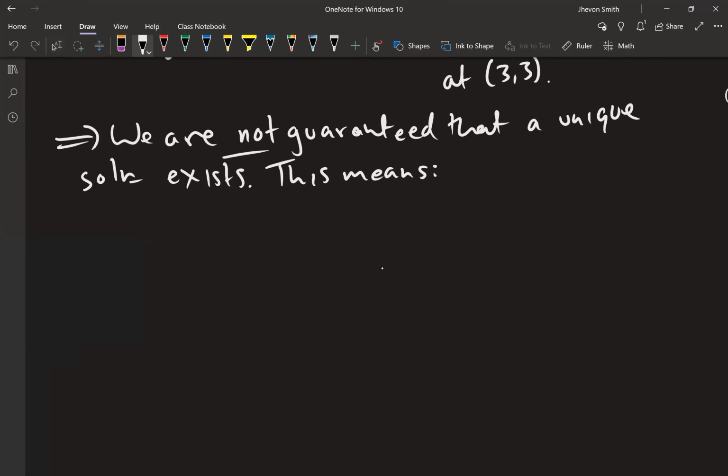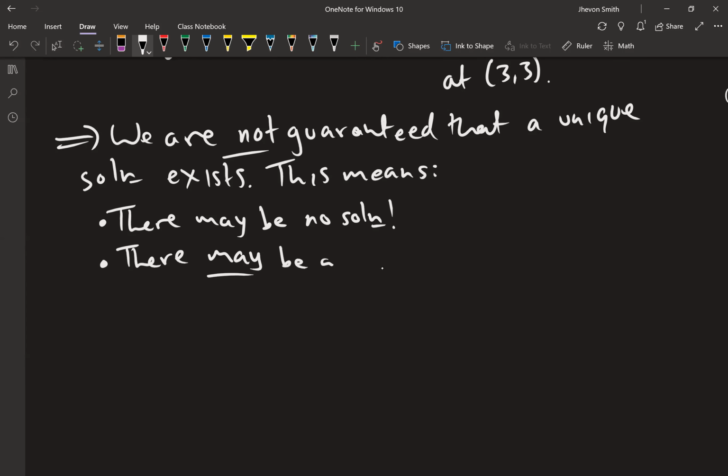One, this means there may be no solution, but that's not all it means. It might also mean there may be a unique solution. The thing is, we're just not guaranteed. The theorem guarantees the existence of a unique solution. It might still exist, but we're not guaranteed, so we actually don't know ahead of time.